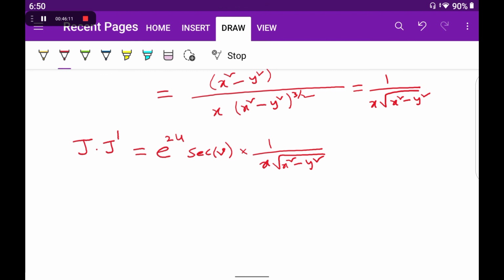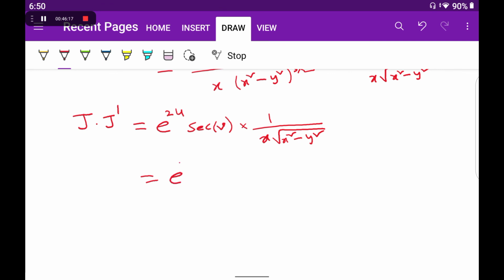Now let us convert the second one in terms of u and v. It is e power 2u secant v into 1 by x, where x is e power u secant v, and x square minus y square is e power 2u, right?